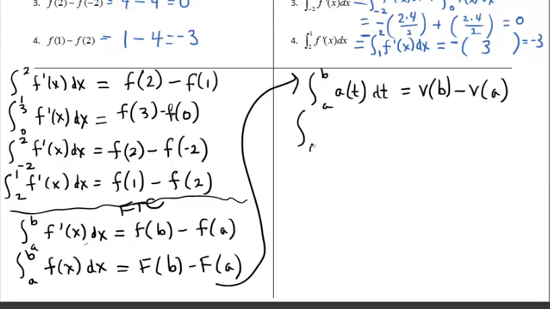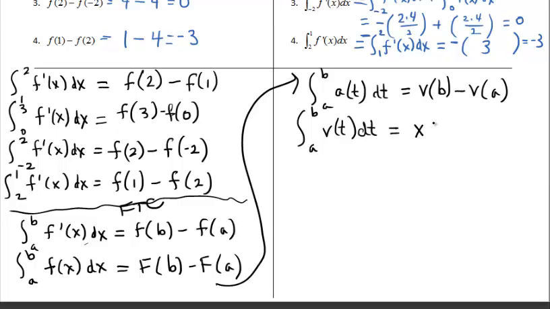Okay, what about this? If I integrate this rate equation, velocity, I'm going back to position. P, V, A: I'm going from A back to V up here, and then from V back to P. If I integrate the velocity, it's going to give me the change in the position of the object.